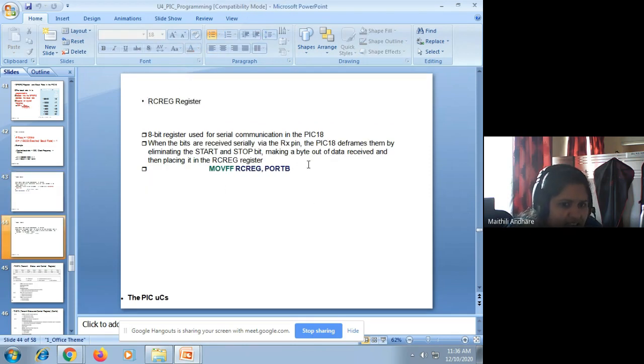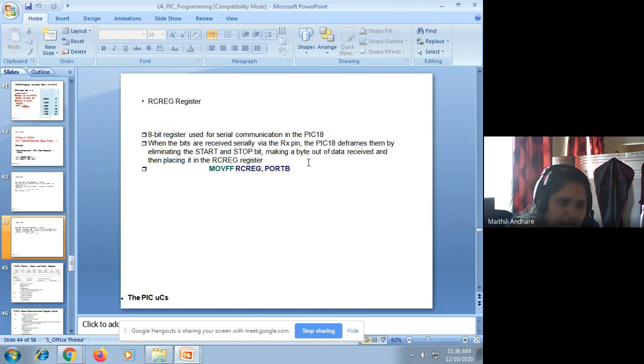Now the RCREG register. What I told just now is that in the 8051 microcontroller, whichever data you want to transmit is stored in SBUF, and while receiving, whatever data is received is also in the SBUF register. Only one register is available in the 8051.